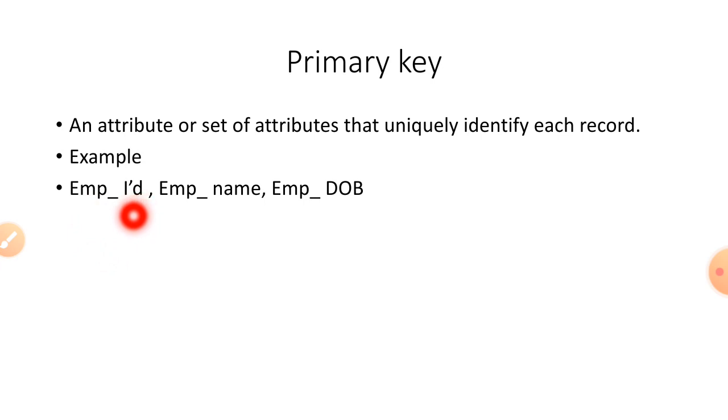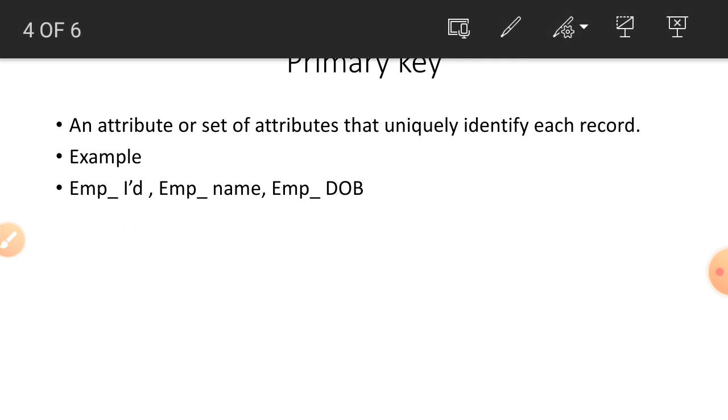Why? Because employee ID is unique for everyone. With the help of the employee ID, we can get the record of any person, and this is used for unique identification.